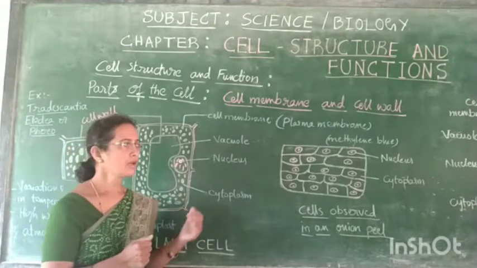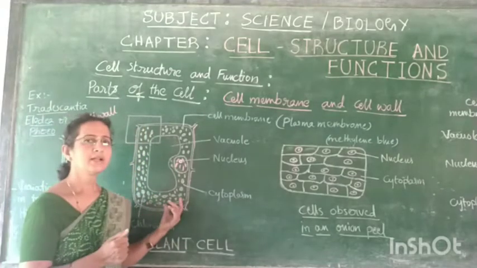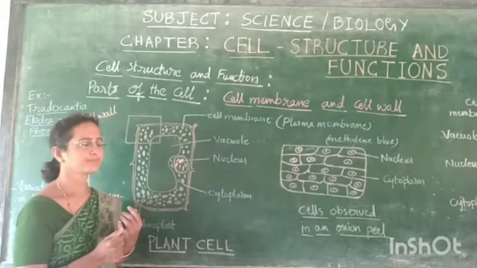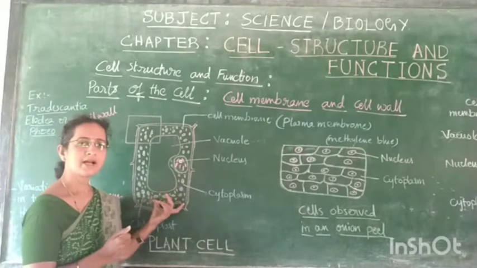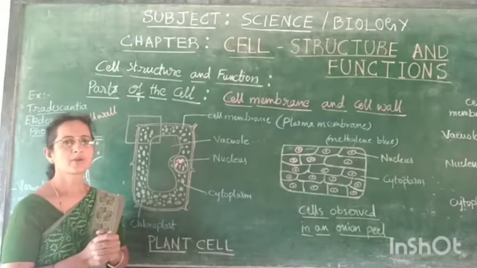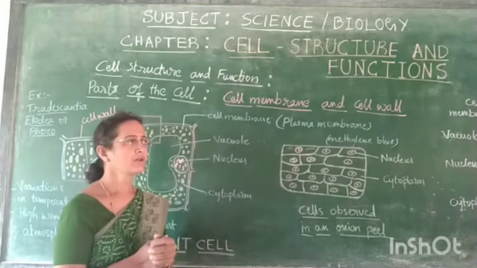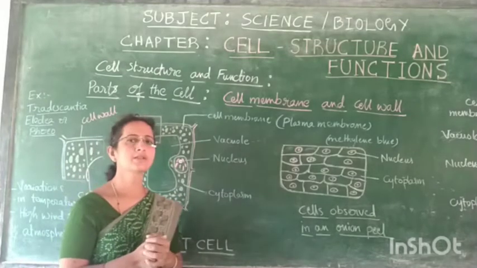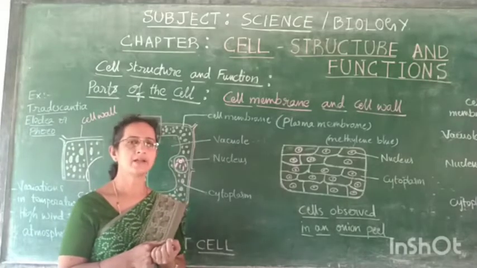So when you are learning all these things, you have to learn about the detailed structure of the cell. So here, this ultrastructure is only visible under advanced microscopes. But under an ordinary microscope, when you want to observe the cells, you have to take minute parts of the plants.